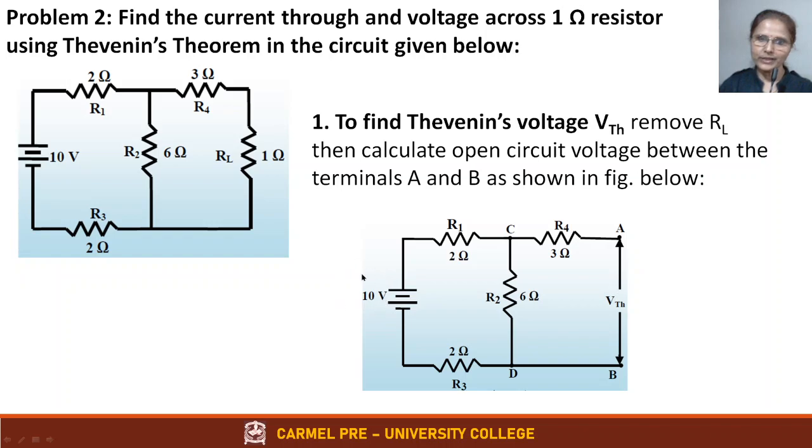You have 1 voltage source and 3 resistors in series. When 3 resistors are in series, what do you do? You add them. 2 plus 6 plus 2 is 10 ohms. 10 volts divided by 10 ohms is 1 amp of current. 1 amp multiplied by 6, that is 6 volts, is equal to VThevenin.